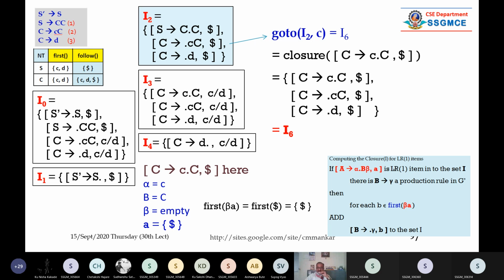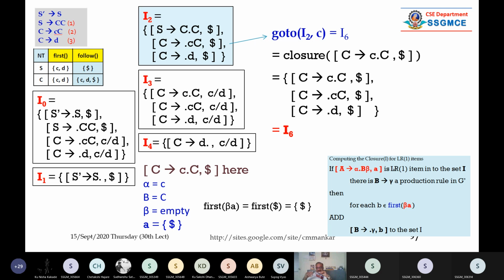On the slide, in the shaded area, there is the algorithm. And on the left side of that box, in blue color, I am representing alpha, B, and beta. Now, if you match this, alpha is small c, dot is somewhere, B is a non-terminal where dot is in front of it.